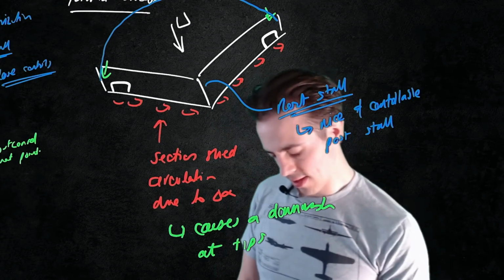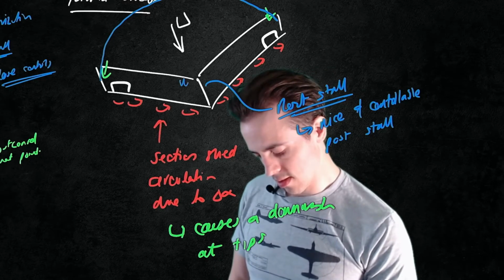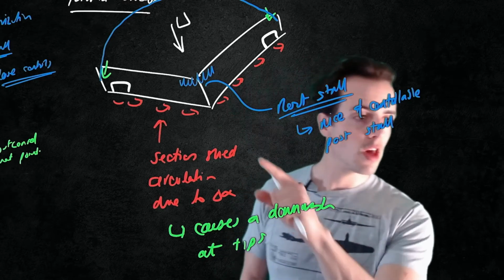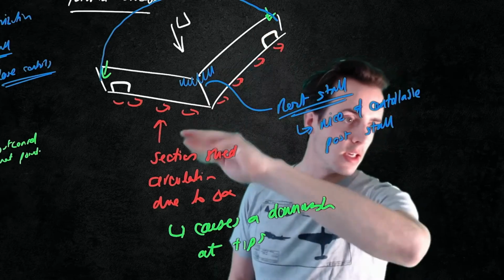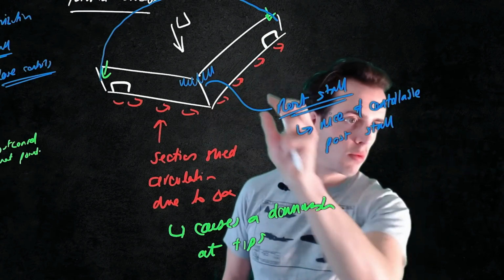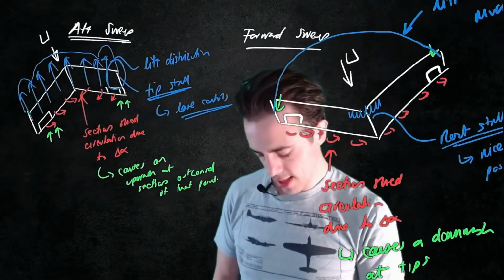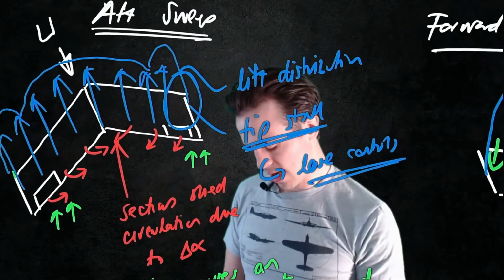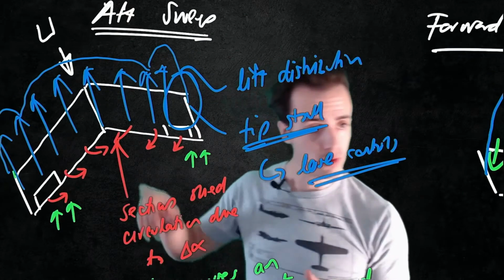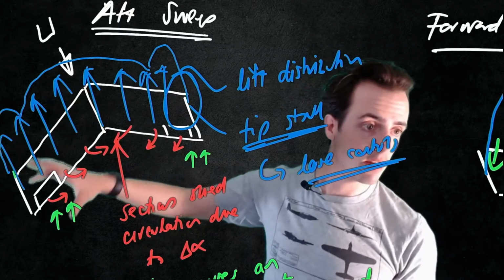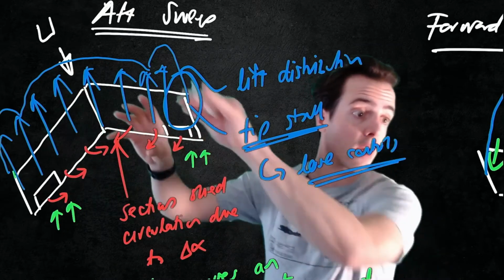And again, if we have this stall that's occurring here, in general this won't be convected down the wing because the wings are forward swept. By contrast, if we were to have a root stall on the aft swept wing, this would have a tendency to propagate downstream and again down along the wing.